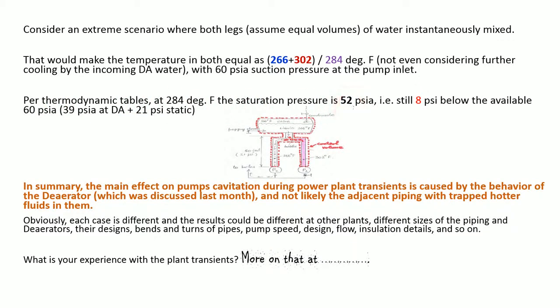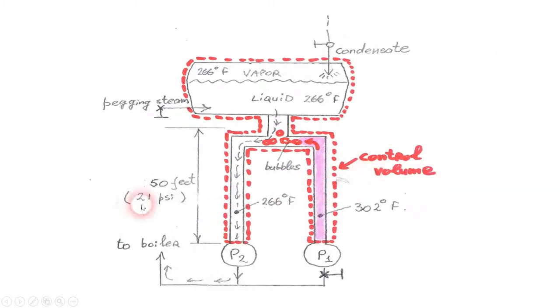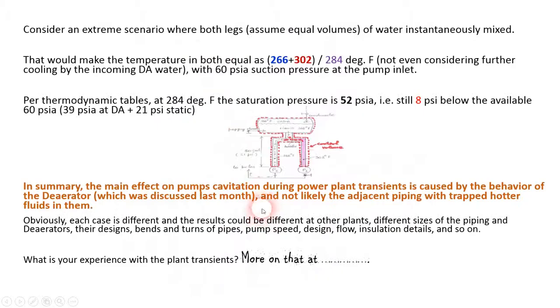Well, the pressure on top of the pump number 1 is 60 psi. Why? Let's go back and look again. Because it is 39 psi here, plus 21, that's our 60 psi. Well, we have 60 psi, and we need to reduce the pressure to 52 psi in order to come to saturation at 284 degrees temperature.